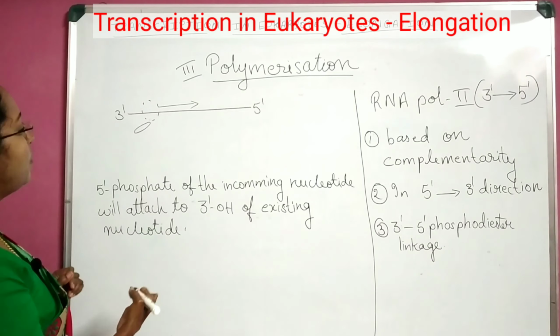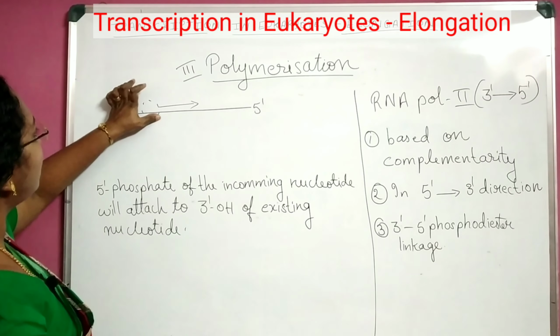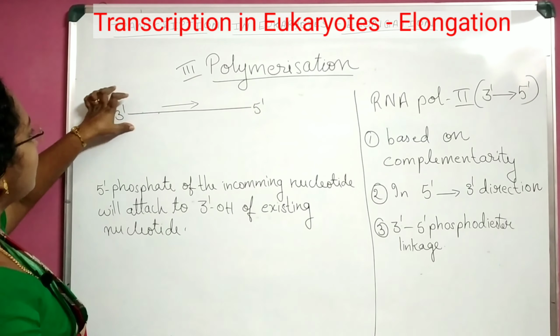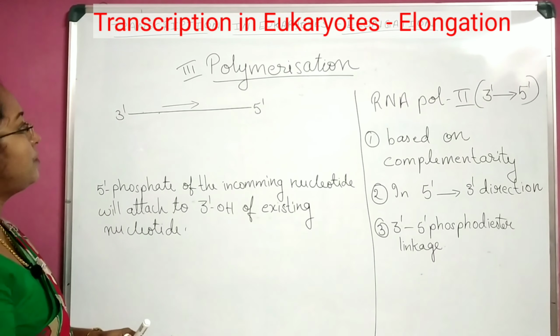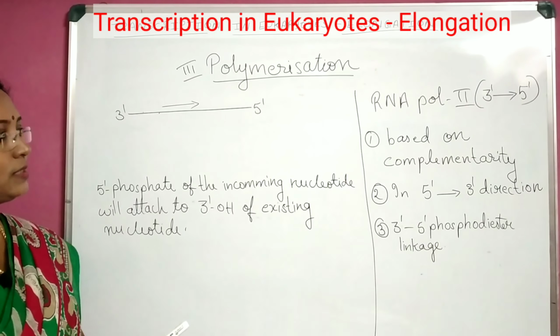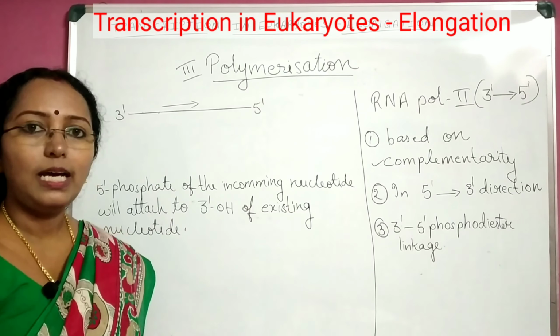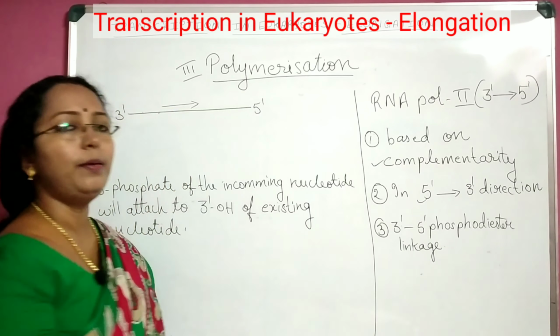So as it is moving from the 3' to 5' direction, a new RNA molecule is getting formed. That new RNA molecule which is getting formed will be complementary to the template strand and it will be formed in the 5' to 3' direction.